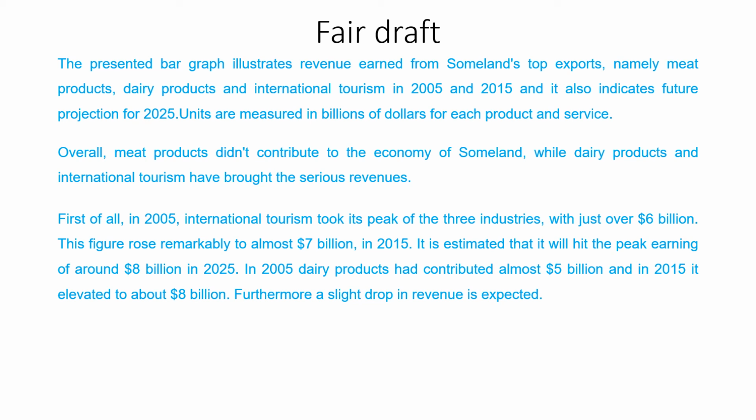It is estimated that it will hit the peak earning of around 8 billion in 2025. In 2005, dairy products had contributed almost 5 billion, and in 2015 it elevated to about $8 billion. Furthermore, a slight drop in revenue is expected.